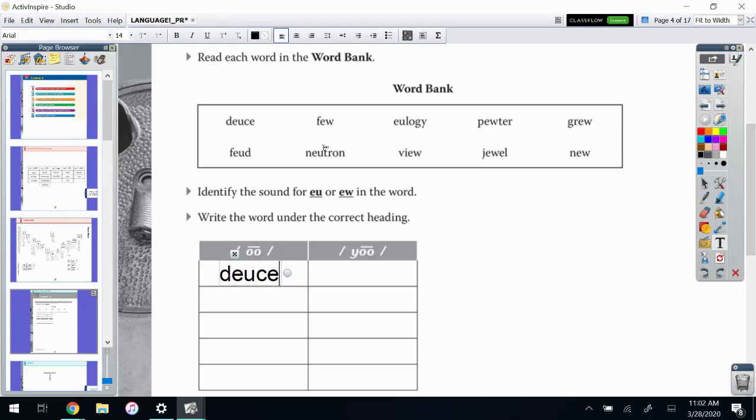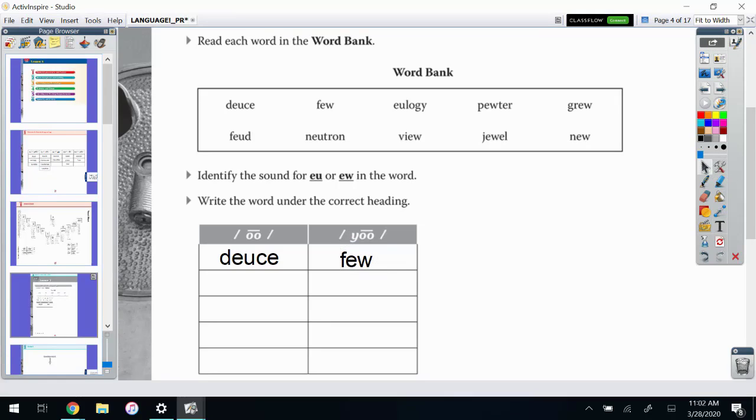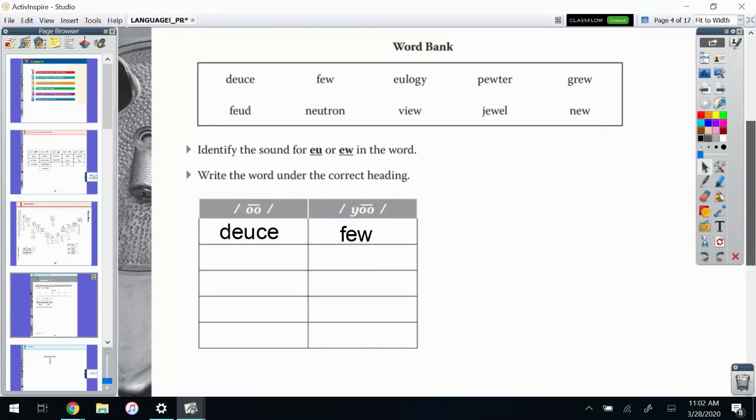Few. Few definitely has the U sound in it. So we would type or write few in this column. Now I want you to do this page and we'll check it when you come back.